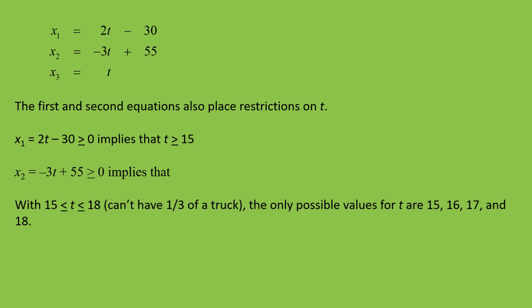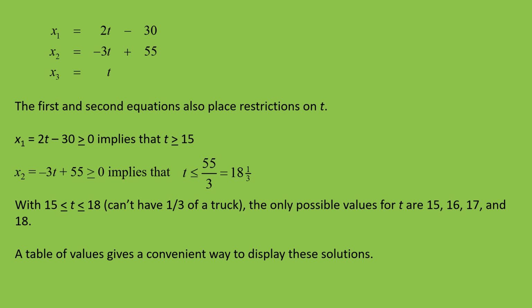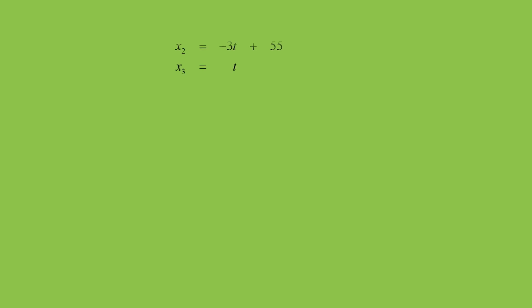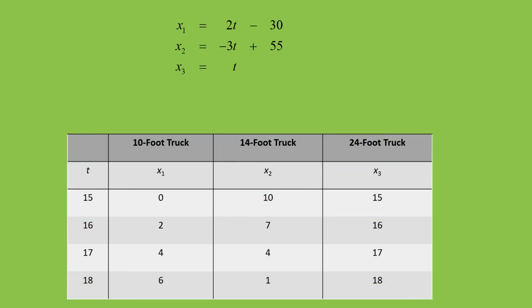So since it lies between 15 and 18, you can have values of t as 15, 16, 17 and 18. Plugging in this result in those 3, we get a chart, a table like this. For 15, you will have 0 10-foot trucks and 10 14-foot trucks and 15 24-foot trucks, etc.